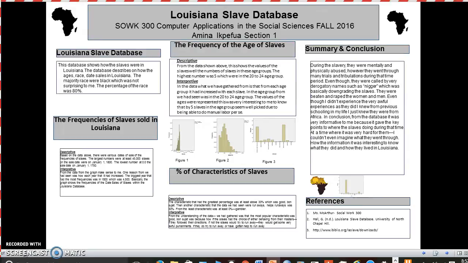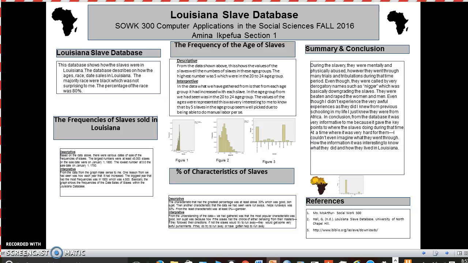So, for the first figure, figure 1, which I redid as figure 3, sorry, I meant to do that. Figure 1 is called the frequencies of slaves sold in Louisiana.